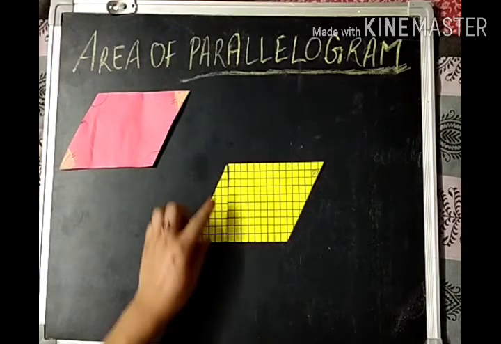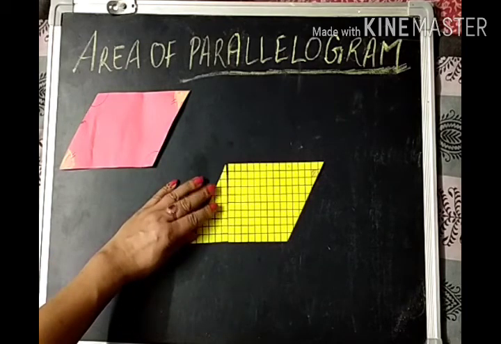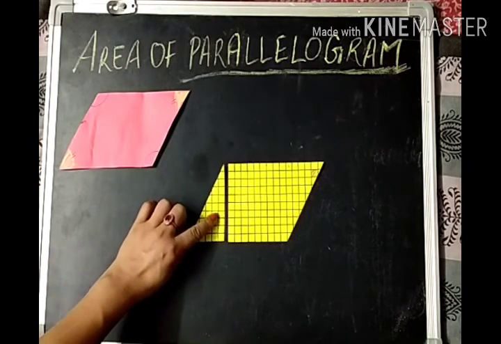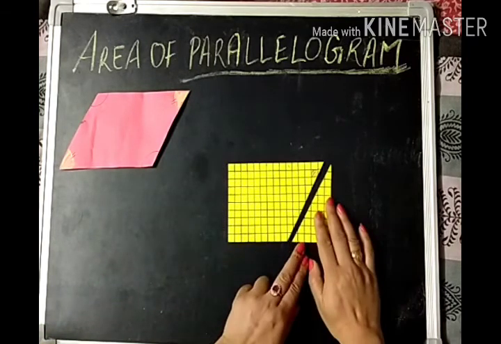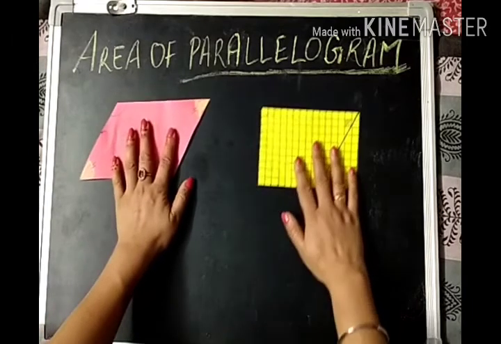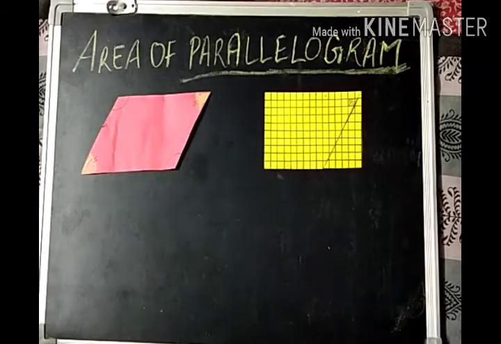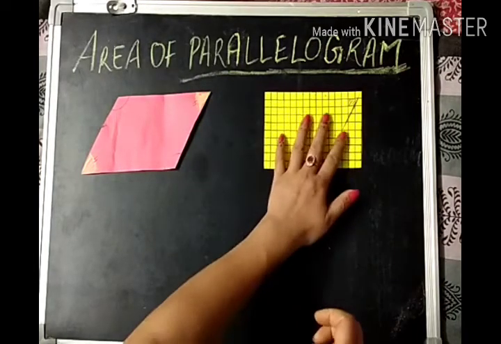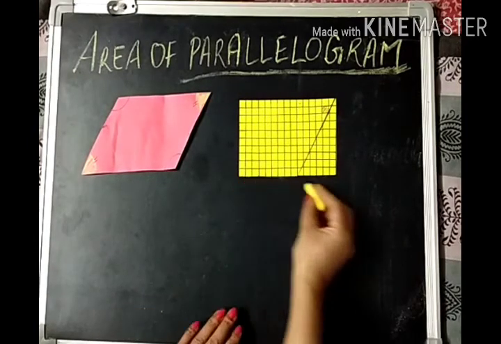What I did was make two pieces of it. From this point I made a straight line, divided off a triangle, and joined this piece over here. So this shape transformed into a rectangle. Now we have learnt that this is the length.